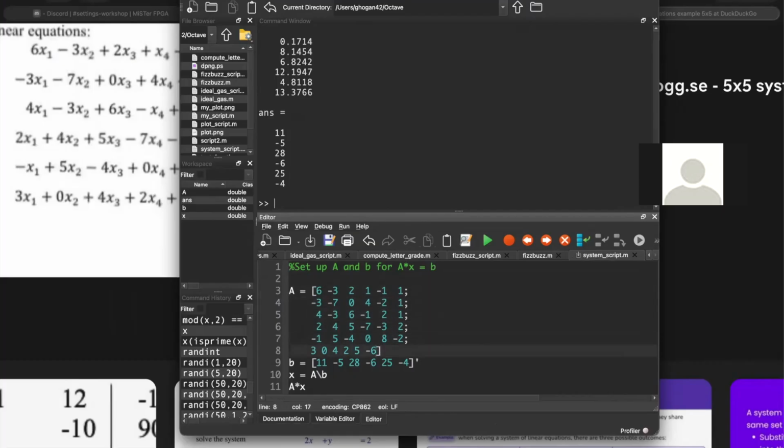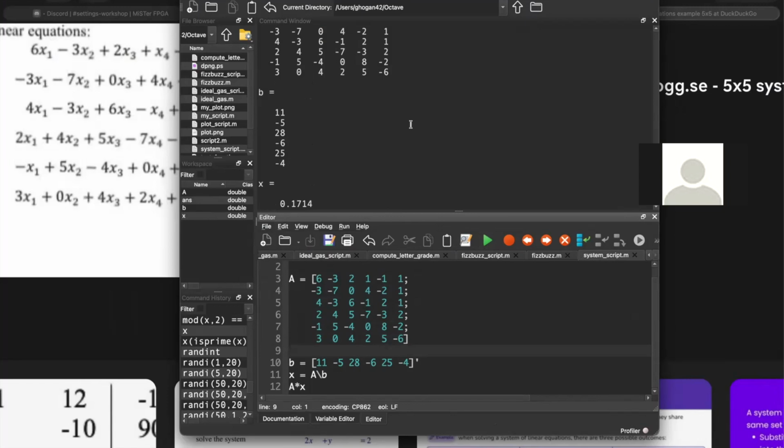Oh, I didn't do the last row at all. So you can do something like that to help you type it in, and it should be fine. We can double check that it's working. If I do clear, that clears all my variables.